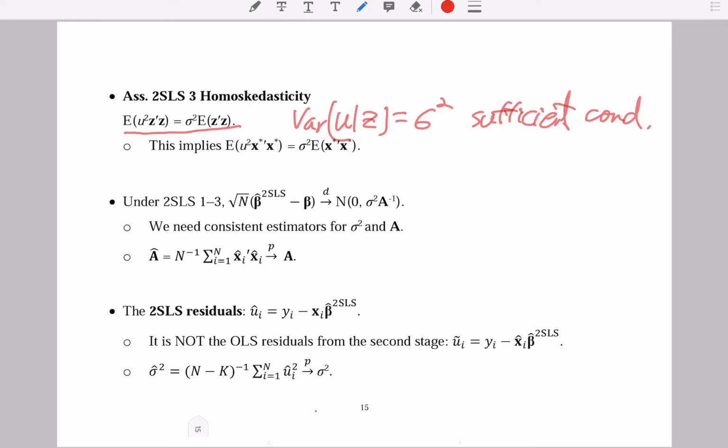If you are willing to assume that, the B matrix can be simplified to this.